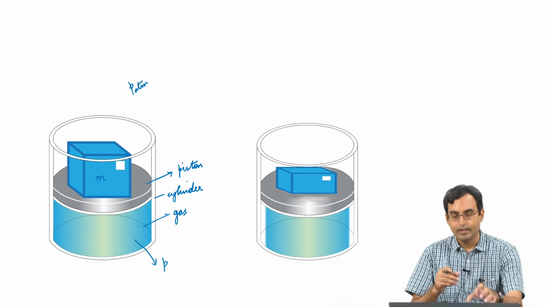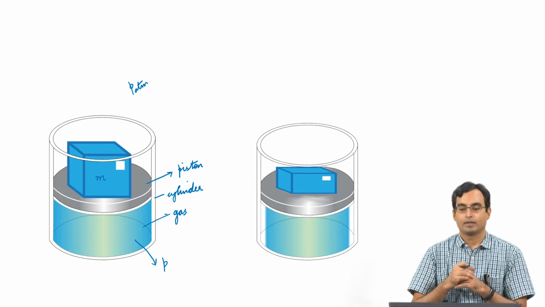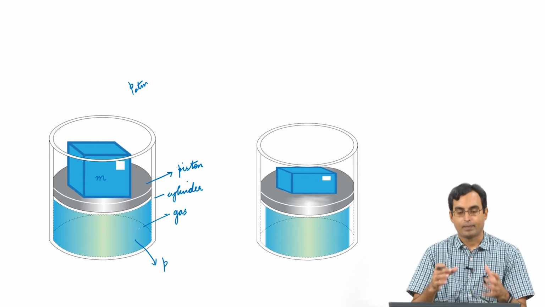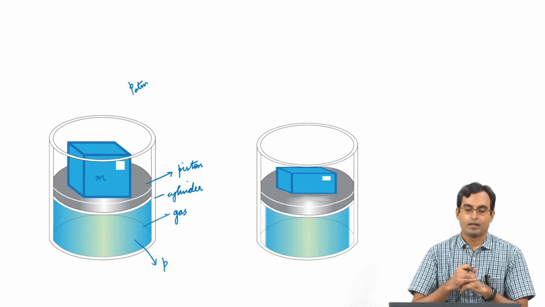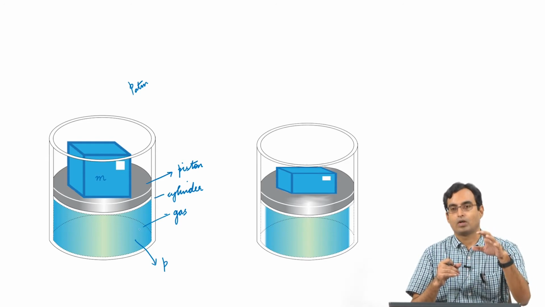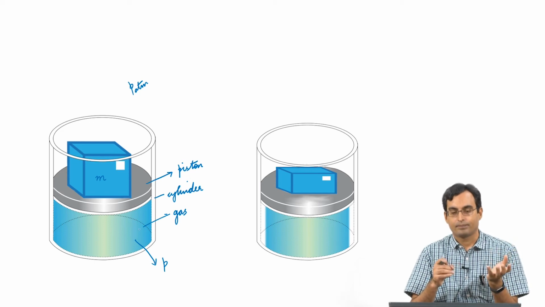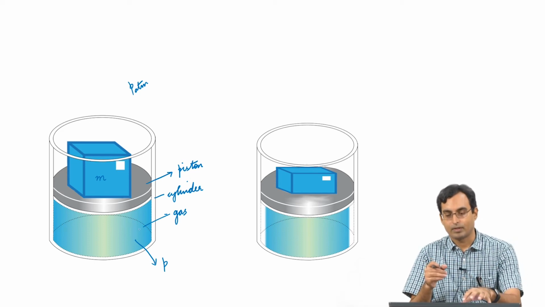Now, if we suddenly remove this block and this piston is moving, we see that there is expansion of the system, but the question is what is the mass or the weight which was raised.